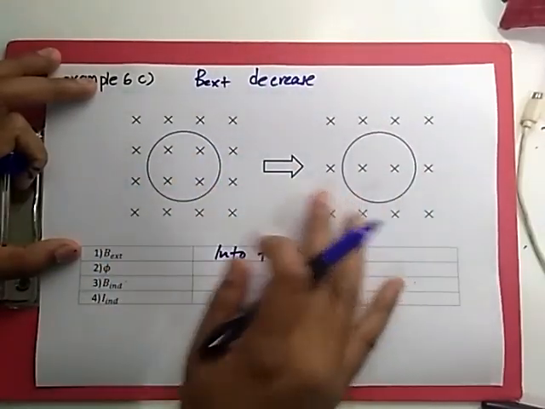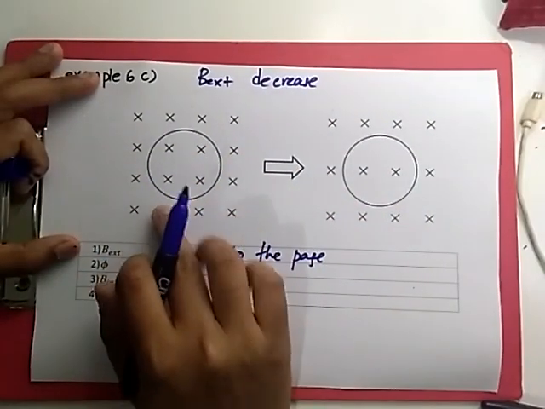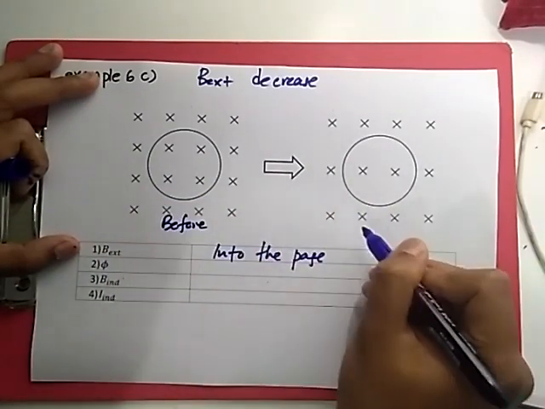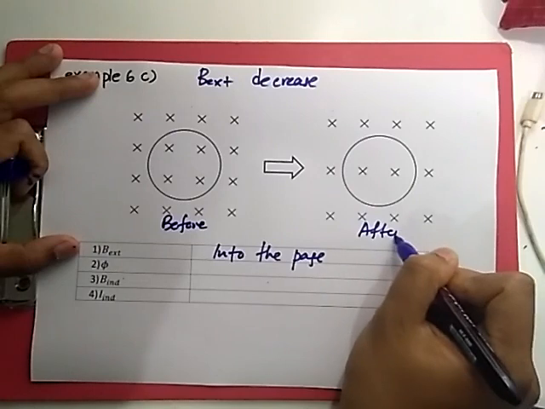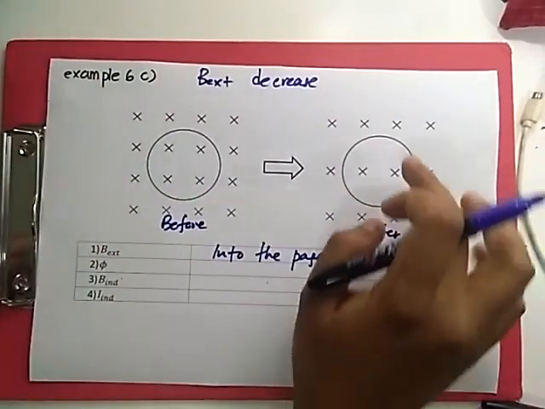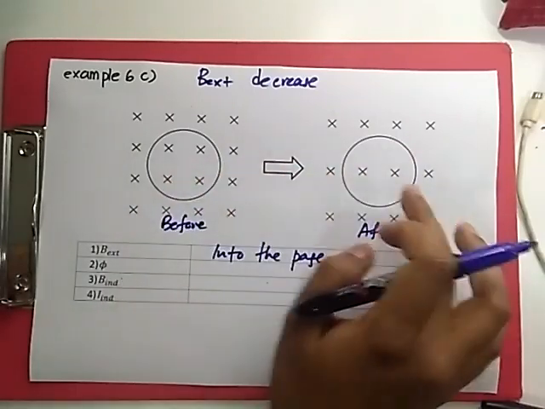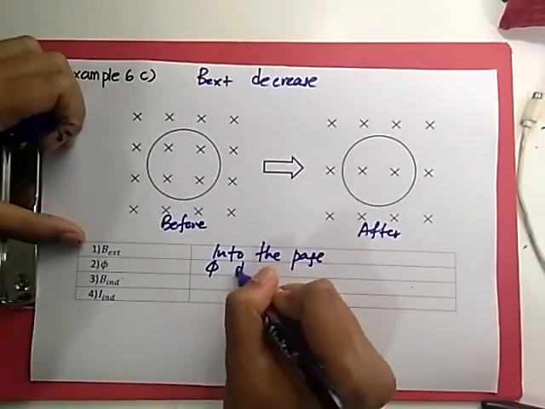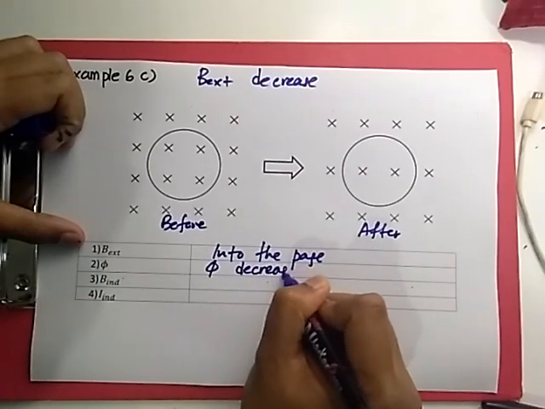Visually kita boleh tunjukkan dengan gambar ini, sebelum dan selepas. Dalam kes ini kita nampak bahawa the number of lines that pass through the area is decreasing. So, magnetic flux also decrease.